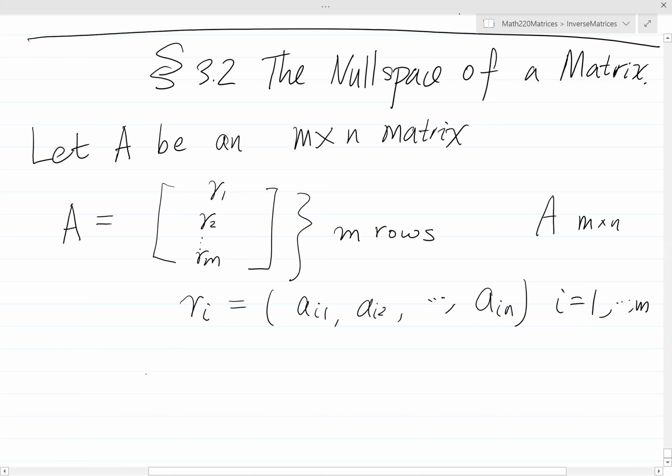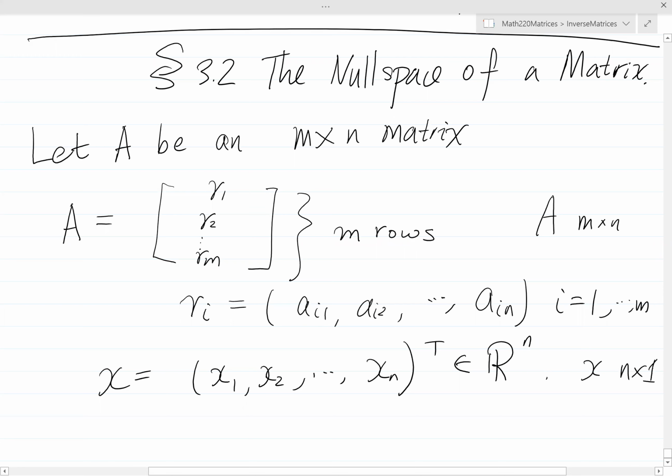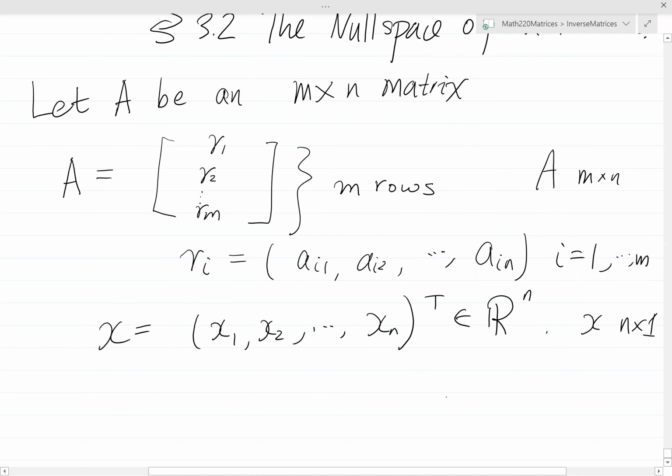If we let x be (x1, x2, ..., xn) transpose, this is a column vector in R^n. We did a transpose, so the row vector becomes a column vector. So x is in R^n, and we can multiply them to get an m by 1 vector.